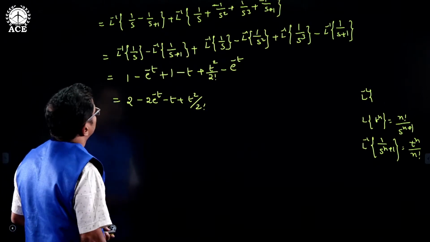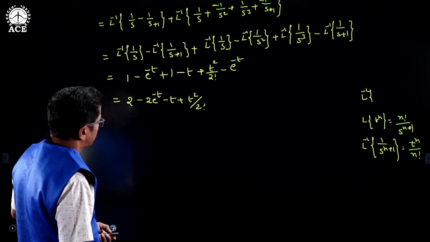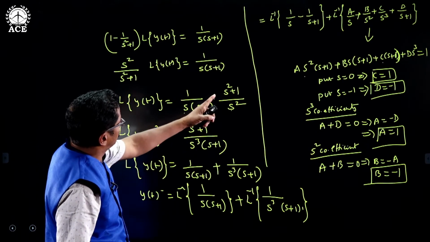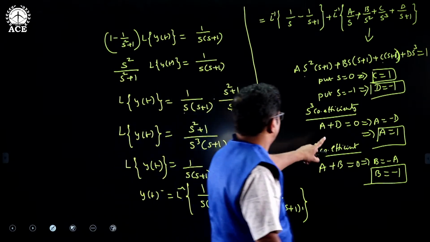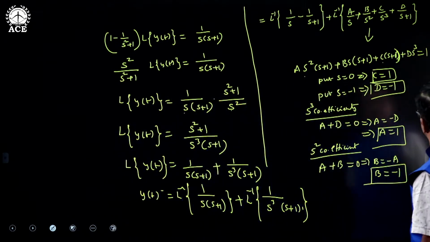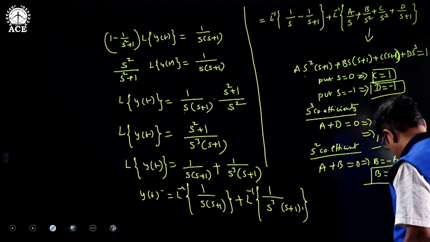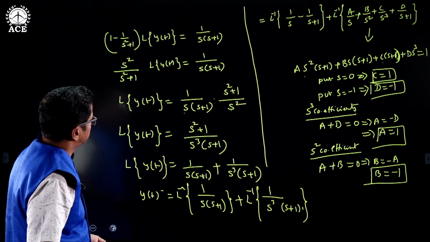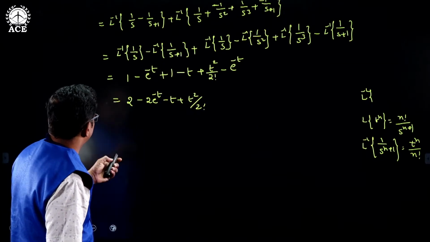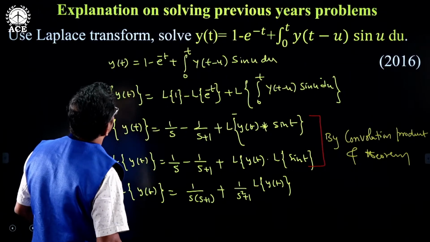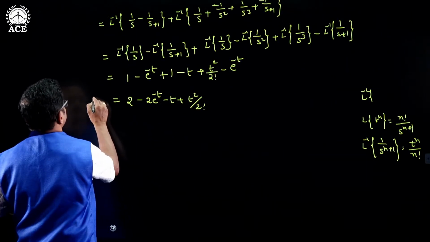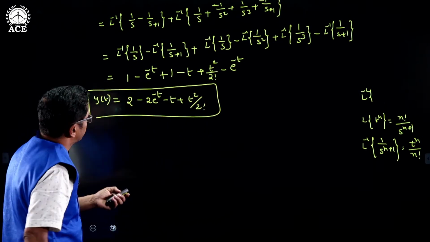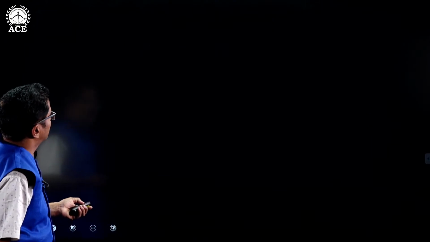So which is equal to, is it correct? a is equal to 1, and b equals to minus a. So then b equals to minus 1. So we'll get, that's all. Okay, that's all. So which is equal to what? y of t. Right? So this is the way of solving problems using the convolution theorem.